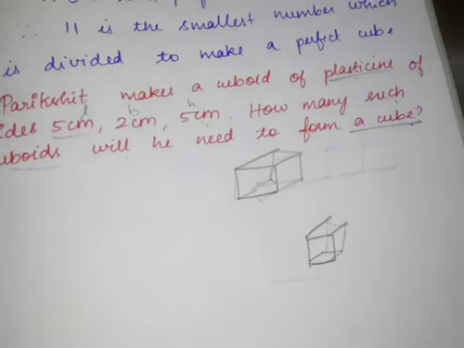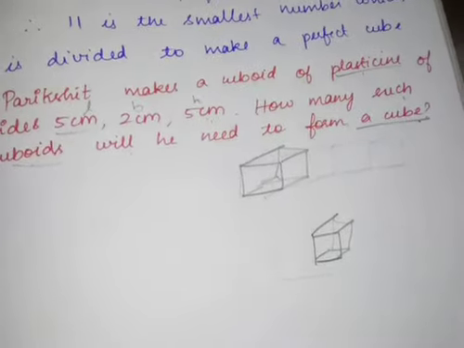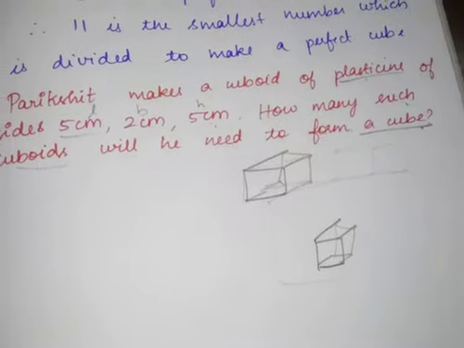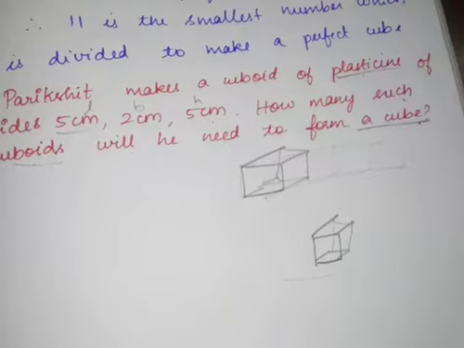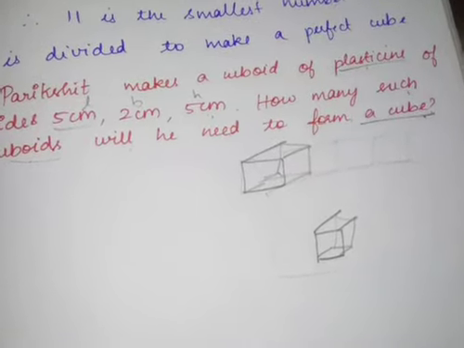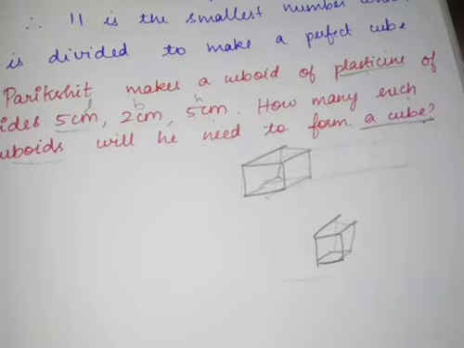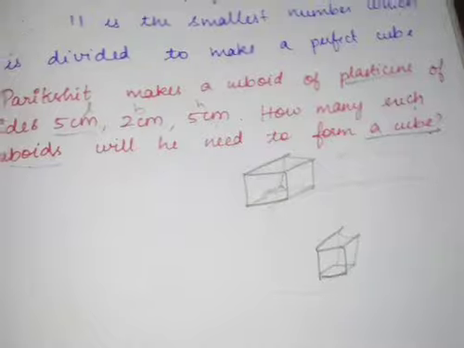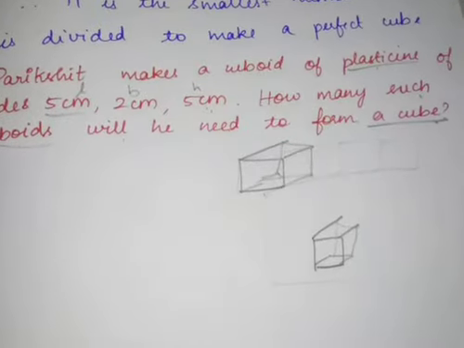Your small matchbox is your cuboid, and every matchbox is put in one big box. If you buy 10-20 matchboxes together, that will be in a square shape. Inside that paper you can find small cuboids. That is what we are going to find now.